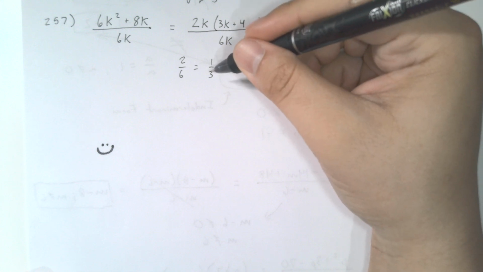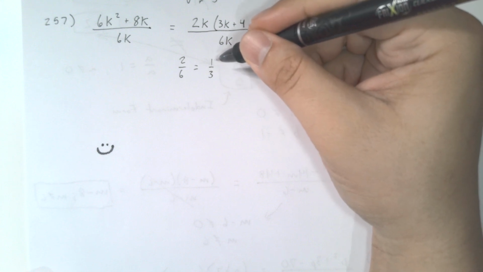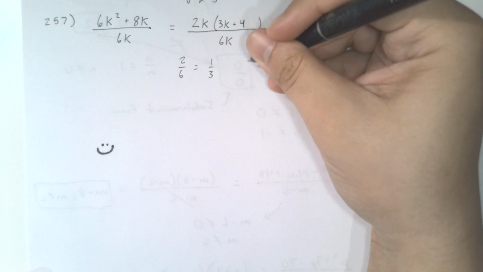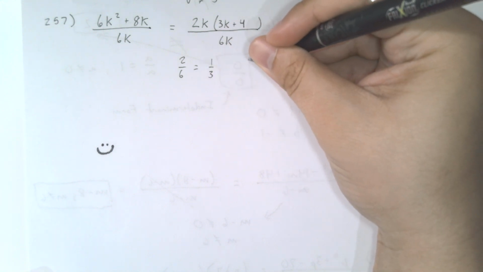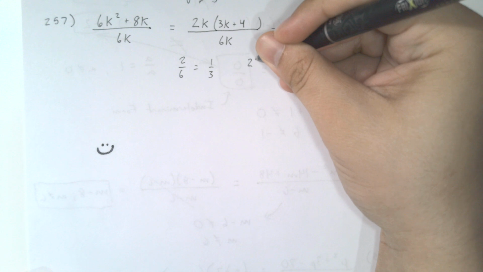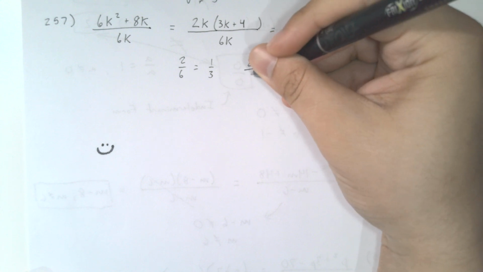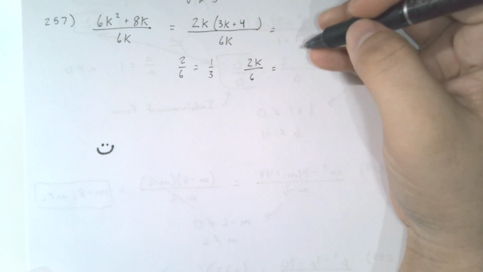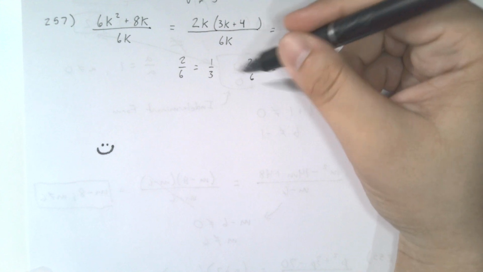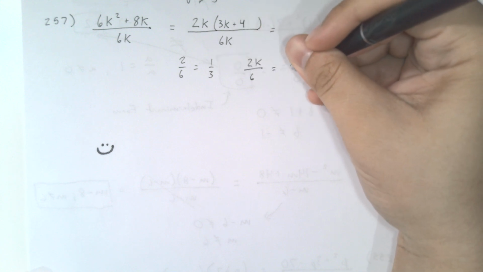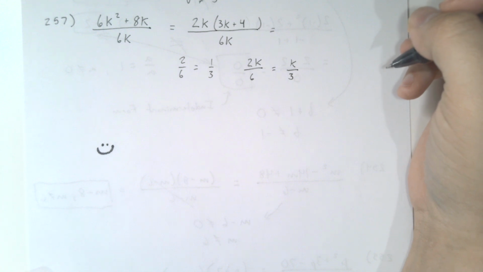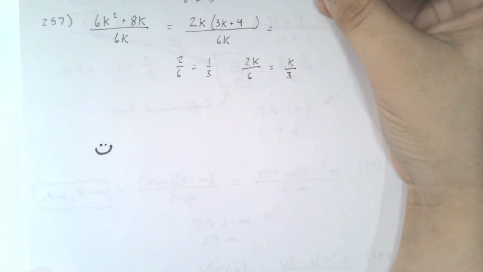Now, in a fraction like this, we need the 1. However, if we had something like 2k divided by 6, if we cancel the 2 and the 6 into 1/3, we wouldn't write the 1 there. We'd just have k over 3. And so that's what's going to happen here.